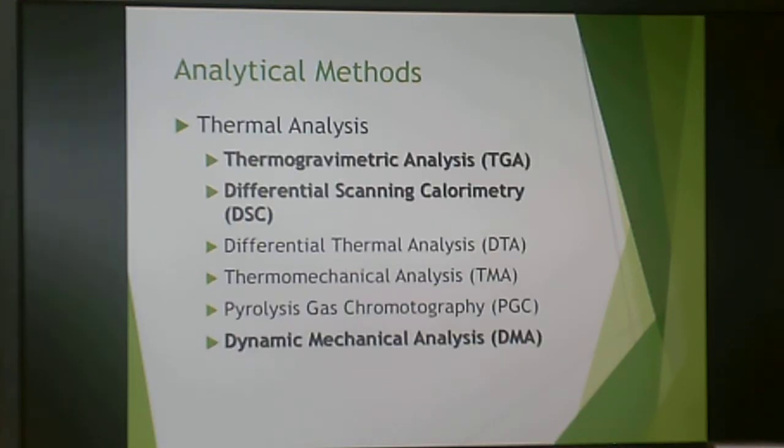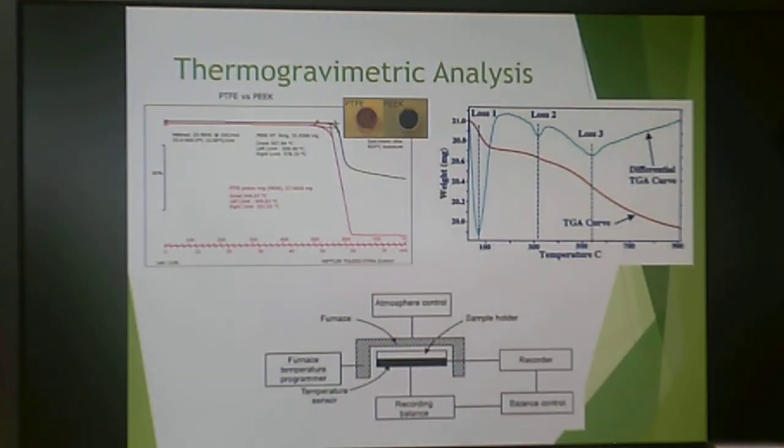We also need to understand how the material behaves in different thermal environments, and we use a couple of different methods in the laboratory routinely. We use Thermogravimetric Analysis and Differential Scanning Calorimetry. I mentioned dynamic mechanical analysis here, but I won't go into it in too much depth. Thermogravimetric analysis primarily looks at degradation behavior.